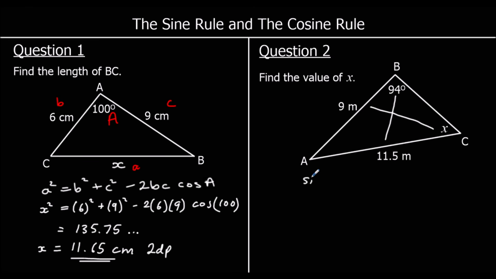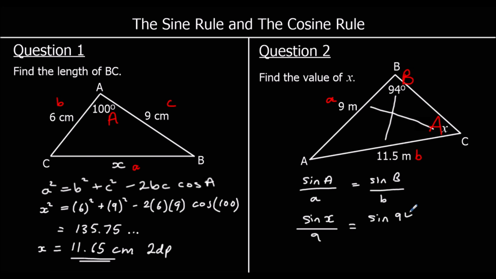So we're going to have sine A over a equals sine B over b. x will be big A, opposite big A, little a, and the other angle's big B, and opposite that is little b. So let's substitute these in. We've got sine x over 9 equals sine 94 over 11.5.